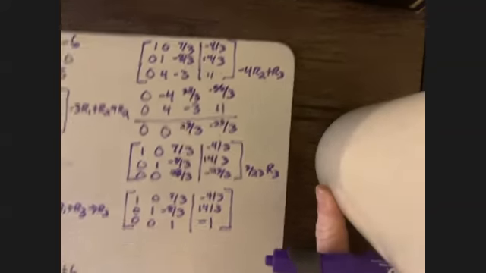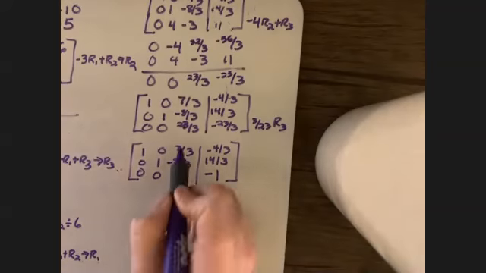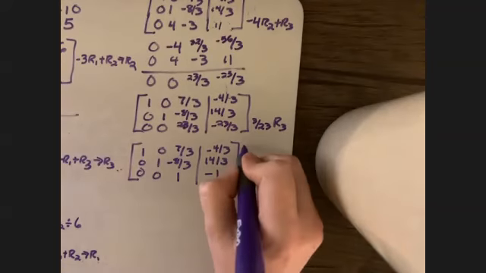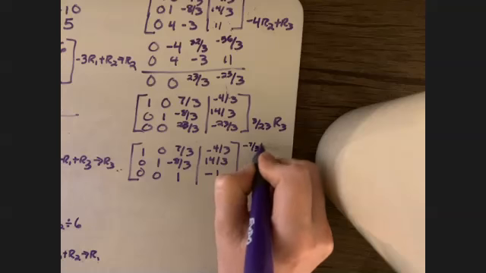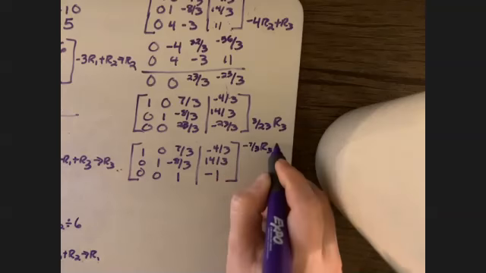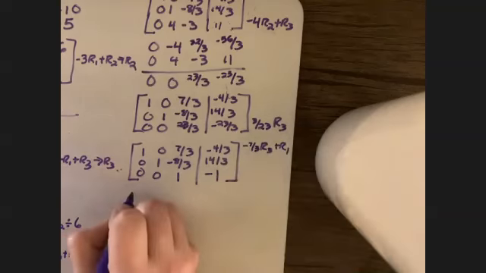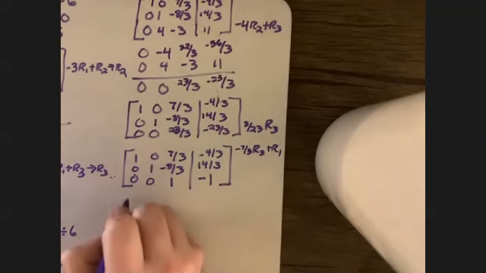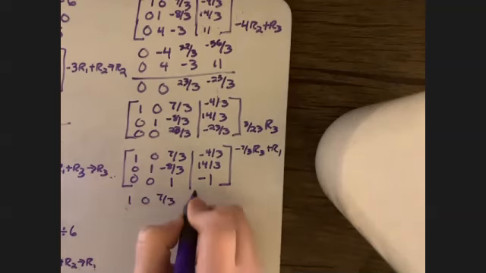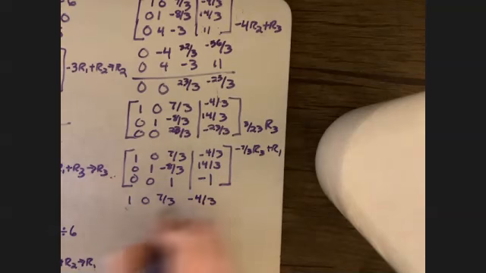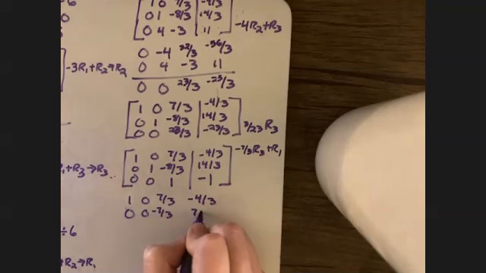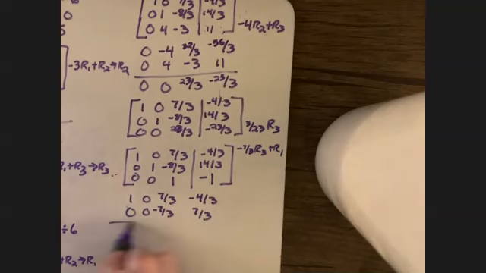Okay. So now I'm going to use this to help clear these other ones. So I'm going to do negative 7 thirds, row 3, plus row 1. So it's going to be top row, and then leave that. That's going to be 0, 0, negative 7 thirds, positive 7 thirds.